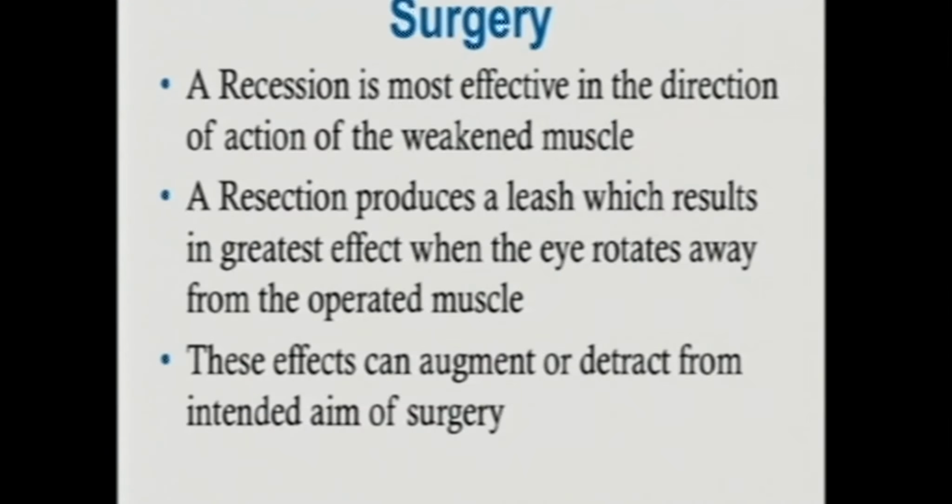Next, please. Also be very aware of the secondary effects of your surgery. So every time you recess a muscle, you get an effect in primary position. But when that muscle works, you get an augmented effect in the direction of action of that muscle. And these effects can augment or detract from your intended aim of surgery. It's best to be aware of them so you can actually use them to your advantage. Next, please.